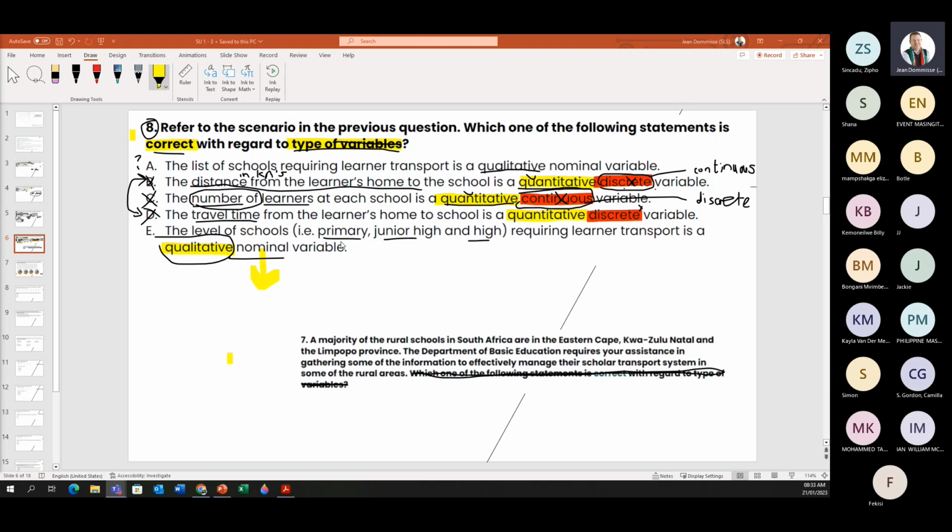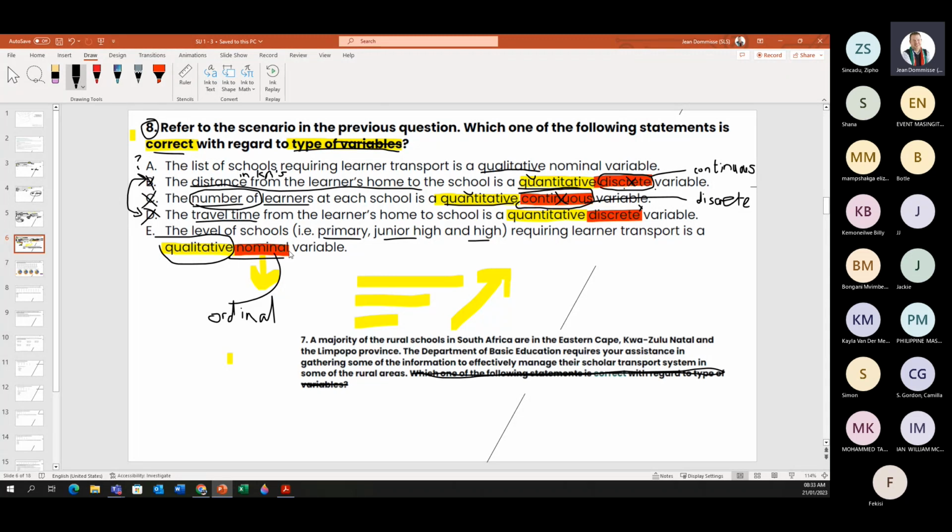Here we're talking about primary, junior, and high school. So we know primary, then you go into junior, then you go into high school. So there is order in it. So that should have been ordinal. So qualitative is still correct, but it should have been a qualitative ordinal variable.